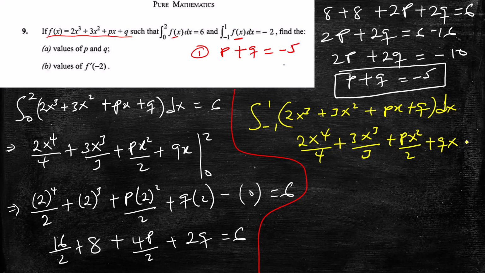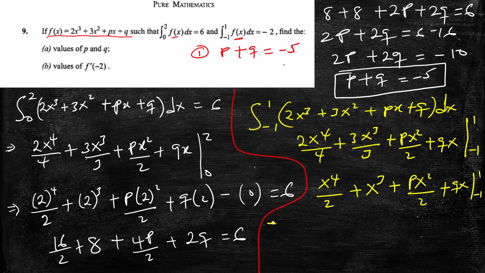So this time we are starting from -1 to 1 and equating it to -2. This side will be x to the power 4 over 2, plus x cubed, plus px squared over 2, plus qx, from -1 to 1.